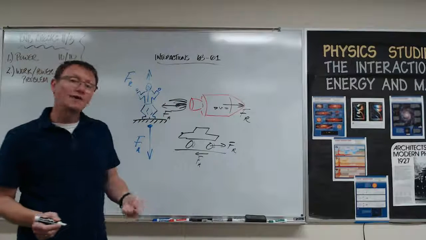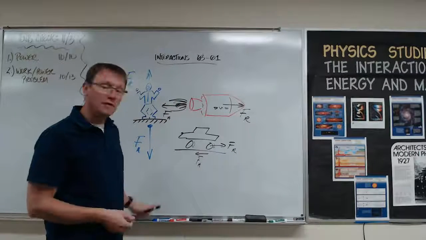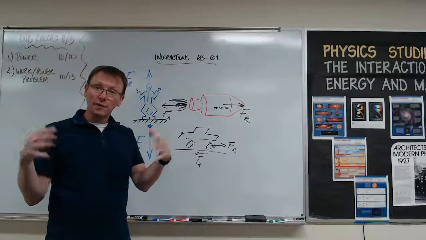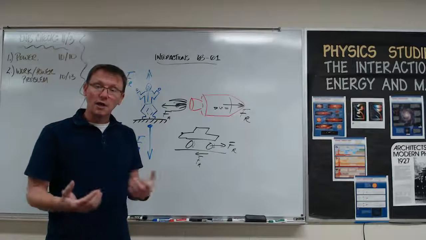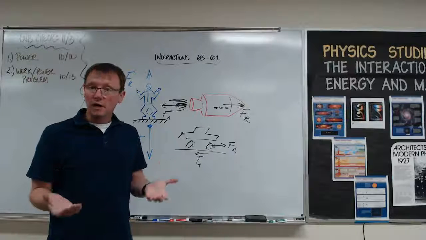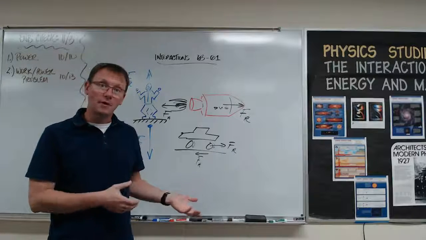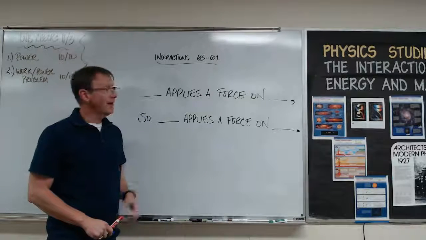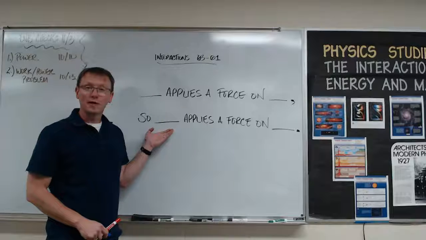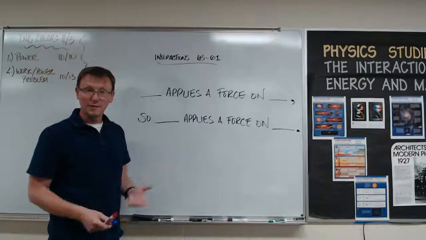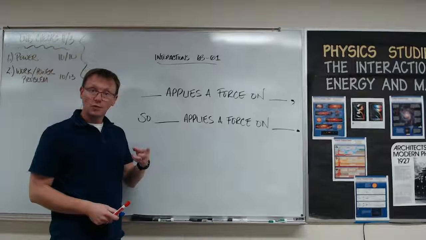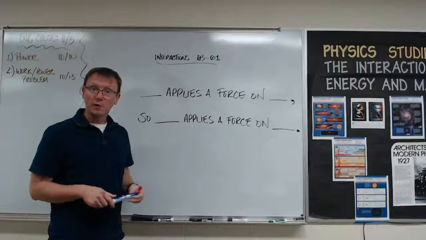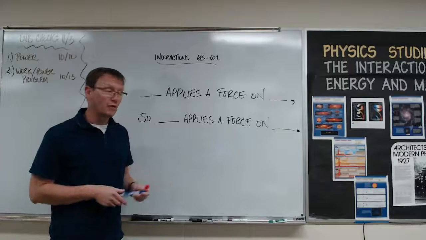And so you can see why you'd want to try to think about these things together, right? You want to try to use a complete interaction description because it's going to help to explain why things happen, why the forces are what they are. So there's a simple way to look at this, and that is to think about it in terms of a simple sentence. And the sentence gets a switch in it, and you can always use this to try to figure out where the action and reaction forces are.